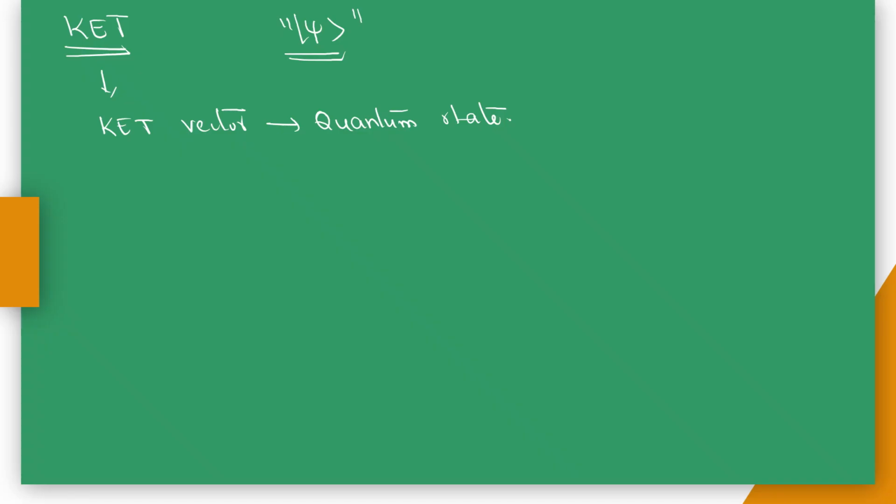It is denoted by a symbol like this, with a letter, whatever letter you want to write. Here if you write psi, it means it is representing the ket of psi.